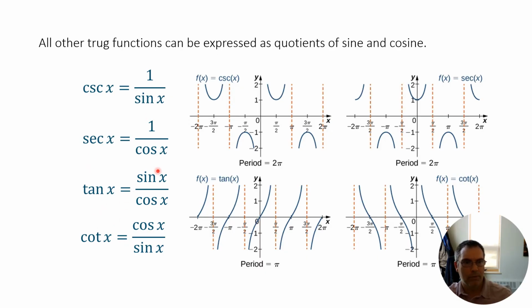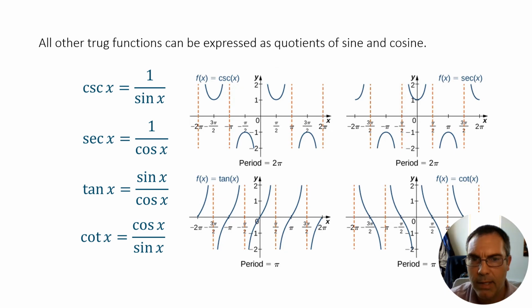They are all built from sines and cosines, and in fact they're quotients relating sines and cosines. So 1 over the sine gives you cosecant, and so on. The graph over here is just to remind you what these functions look like. But the important point is that these functions are built from sines and cosines. Once we know the derivatives of these, we can just use the quotient rule to figure it out.